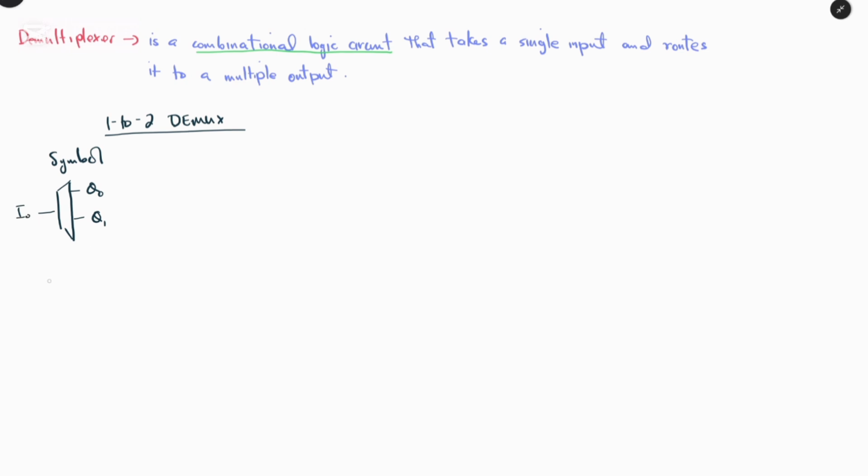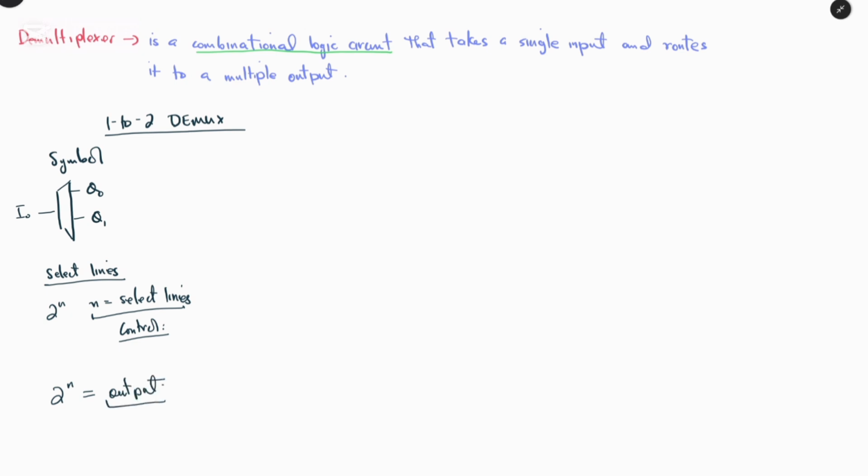By understanding this symbol, we can determine the select lines. By 2 to the n, where n represents the select lines, because the select lines are the control for the input and the output. Now when we have 2 to the power n, it gives us the output.